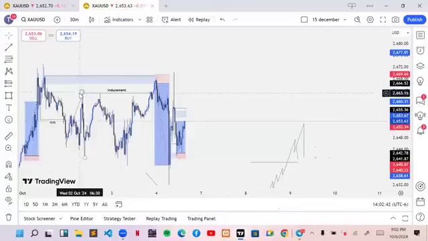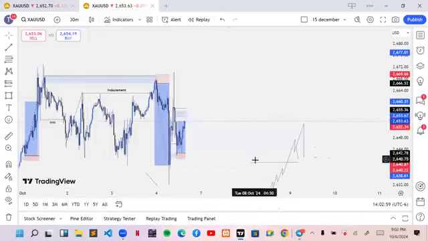It broke structure too. So this was the shift in market structure. After that, the market made this pullback here that took the market down to the zone it broke structure to. That is why I marked this one as my inducement. You can still mark this one, it won't matter, but I picked the first one. I always pick the first one.